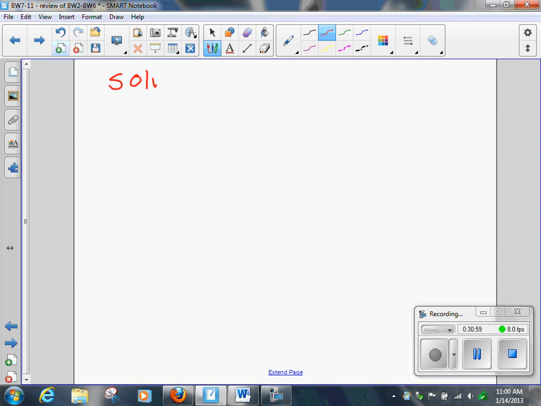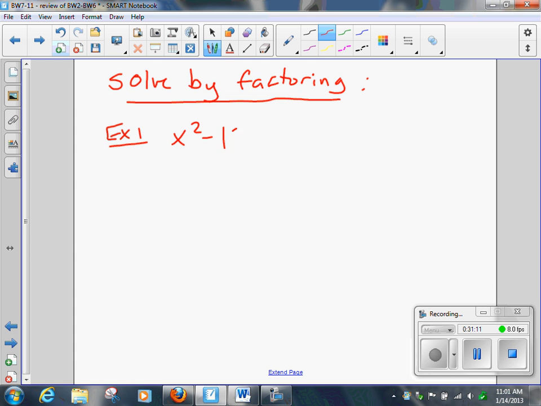So we're going to solve by factoring. Oh, my Lord, this is so easy. x squared minus 12x plus 27 equals 0. All right, is it set equal to 0?